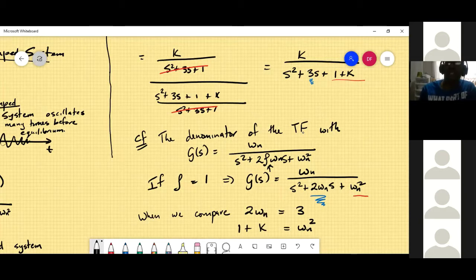So we can use this to find our omega n and our k.